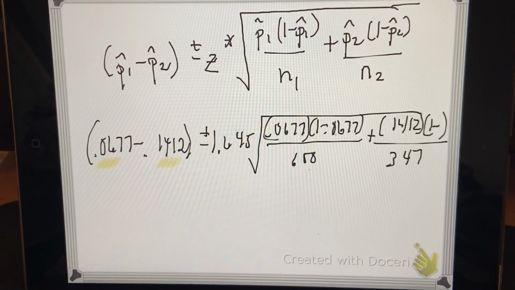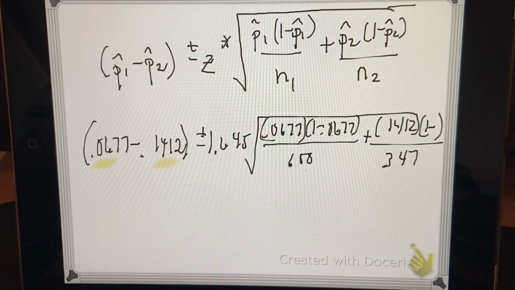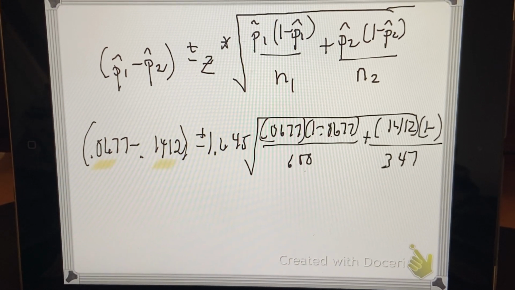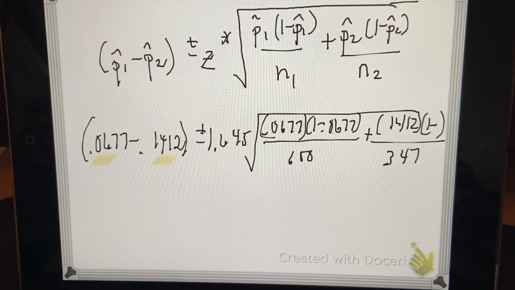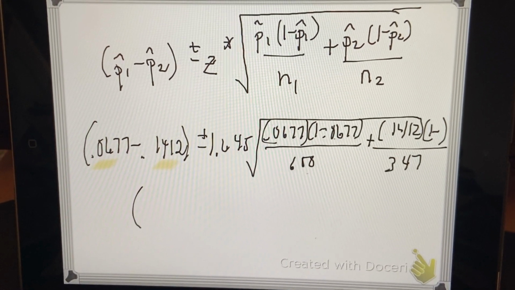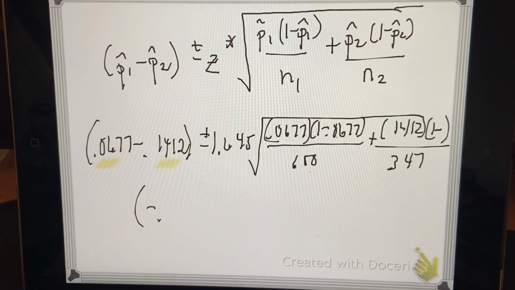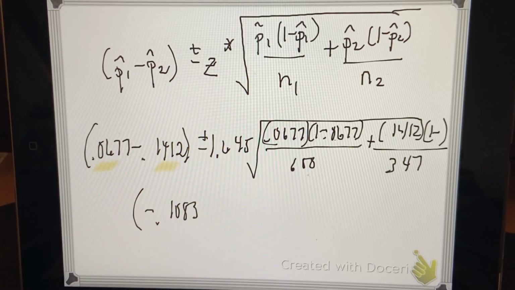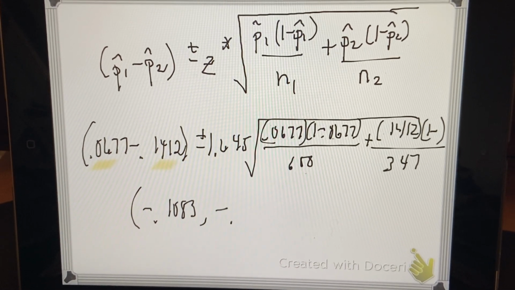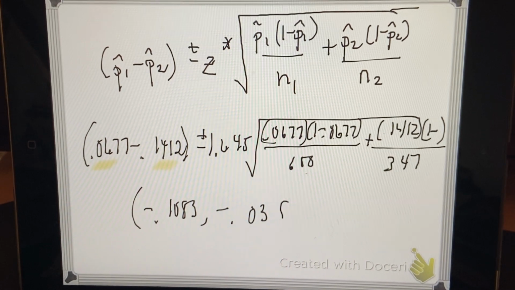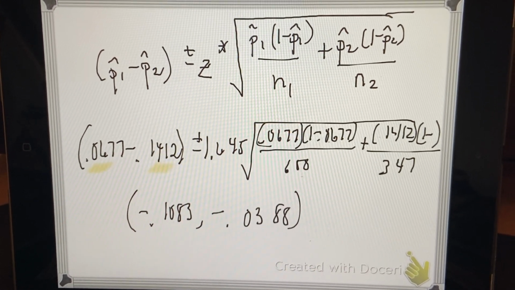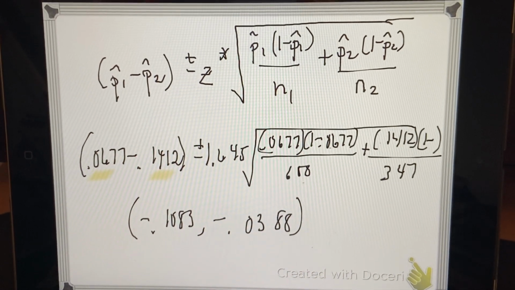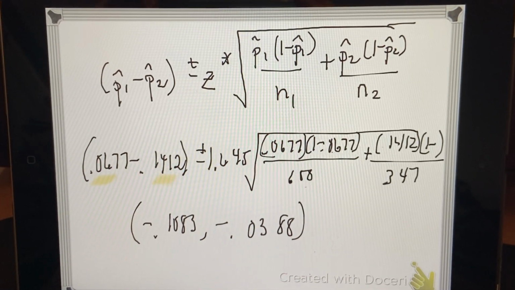You just have to let the calculator know what level you're using. So 0.9, calculate, and it'll give you this result, negative 0.1083, negative 0.0388. Why is it negative? Again, it's the order that I use the two proportions, proportion 1 minus proportion 2.